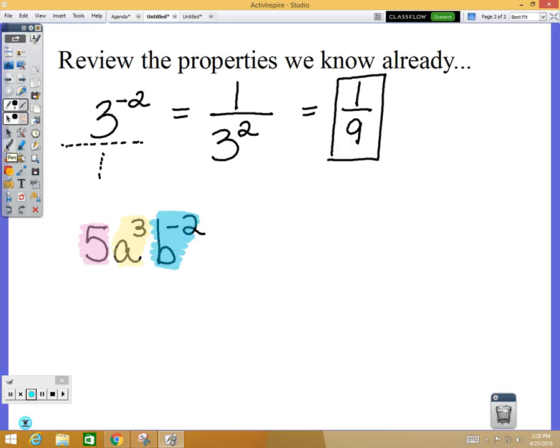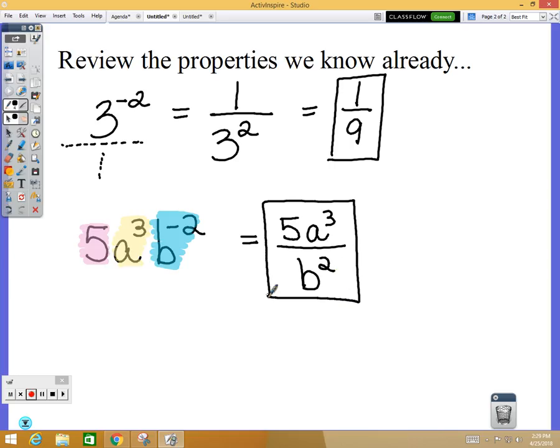So because the 5 and the a to the third power have positive exponents, what's the exponent on the 5? A 1. So because they have positive exponents, the 5 and the a to the third stay on top, but your b goes to the bottom and the negative 2 becomes a positive 2. Remember doing that? And then this would be your final answer, okay? This would be simplified. All right, let's do one more of this type.